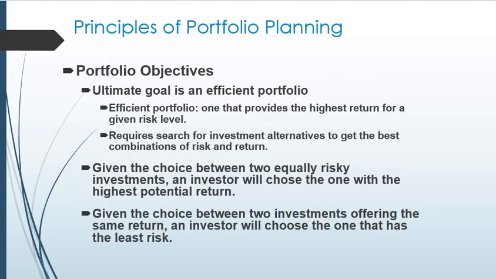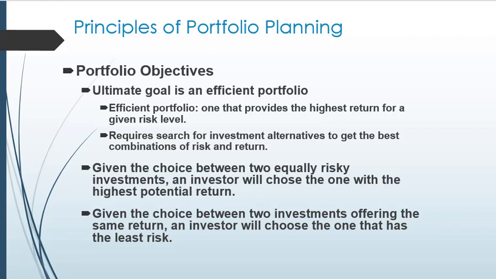So the ultimate goal of portfolios is to create something called an efficient portfolio. An efficient portfolio is one that gives the highest rate of return for a given level of risk. What this requires, though, is that we look at several alternatives and combinations of alternatives in order to find the best combination of risk and return. Given the choice between two equally risky investments, an investor is going to choose the one with the highest potential return.